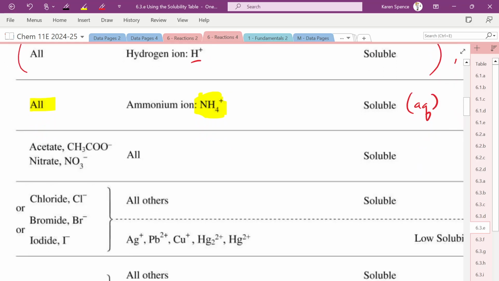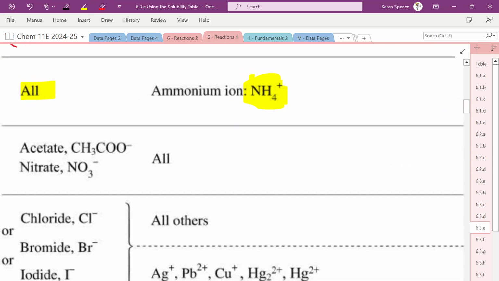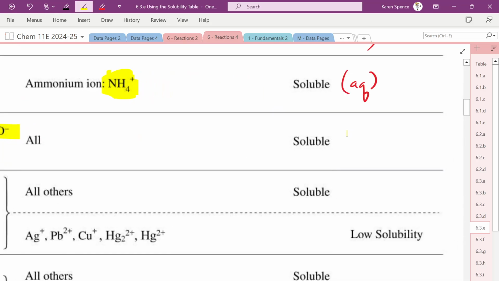Now we get to our completely soluble anions, which are acetate and nitrate. So it doesn't matter what you put with them. You can have lead acetate. You can have barium acetate, iron acetate. Doesn't matter. It will be soluble. And if it is soluble, what state is it? Aqueous.